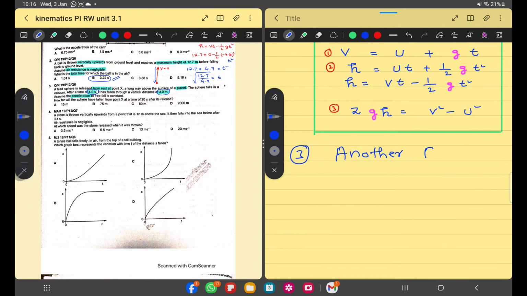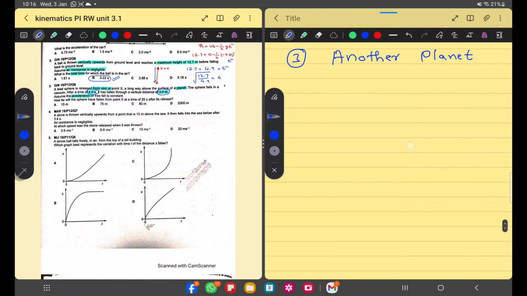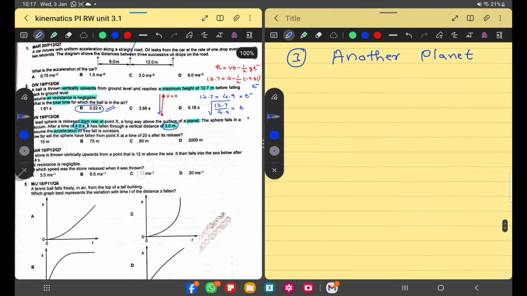We are on another planet. The sphere is dropped, initial velocity is 0, and in 4 seconds it has covered a height of 3 meter. So I'm using the second equation of motion. h equals ut plus half at square.